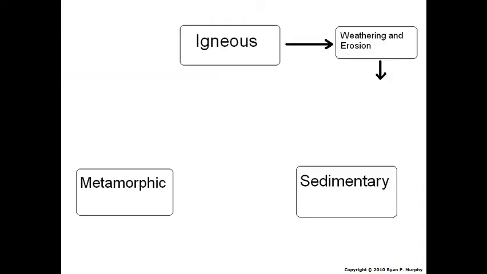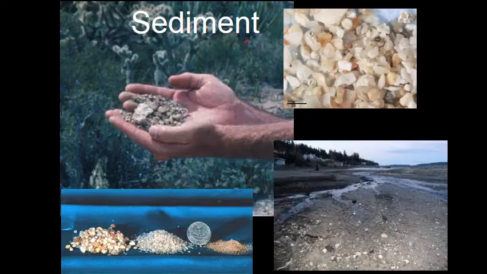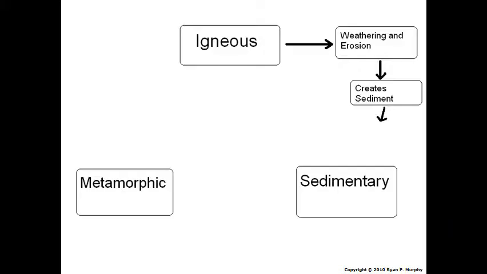All right, so after we get weathering and erosion, this creates sediment. Sediment like this. And remember the idea that sediment size is going to be really important here as we talk about sedimentary rocks, and when we get into the idea of soil, sediment size is really important. I know it doesn't seem like it, but it's really going to tell us a lot about what the conditions were like when these sediments formed.